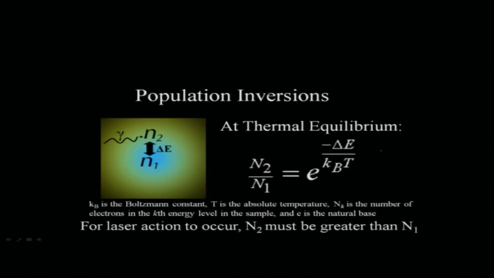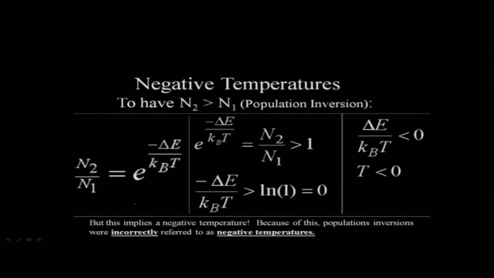For a maser it is possible, but not for a laser. So, for laser action to occur, N2 must be greater than N1. That is the population inversion condition, which is not quite possible for a two level system in thermal equilibrium at room temperature.